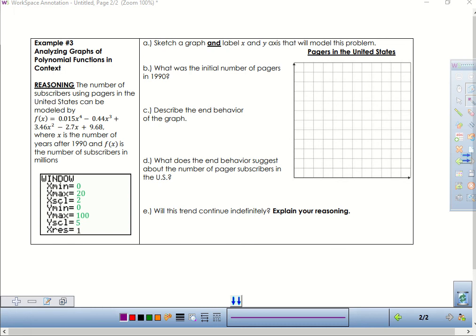It starts at about 10. That's our starting point, our y-intercept. Let's say that we go by tens: 10, 20, and so on. So this is about our y-intercept.